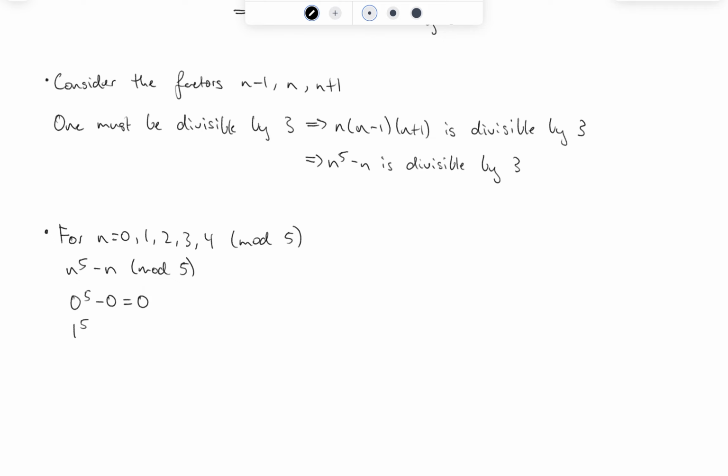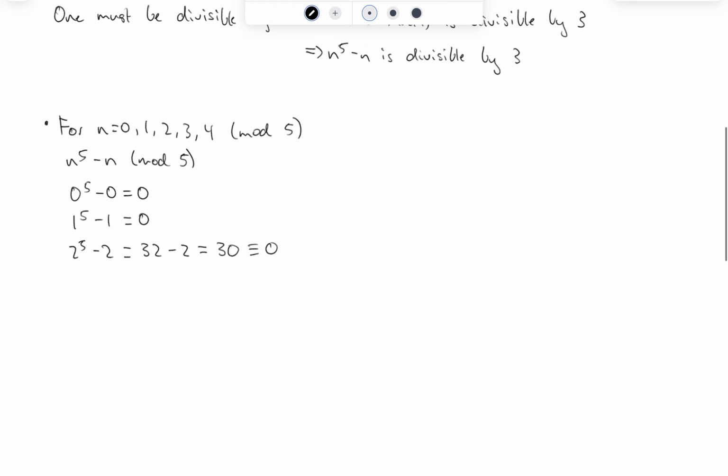So 1 to the 5 minus 1 gives 1 minus 1, which is 0. We're happy. 2 to the 5 minus 2 is 32 minus 2, which is just 30, which is congruent to 0 in mod 5, right? We're working in mod 5.